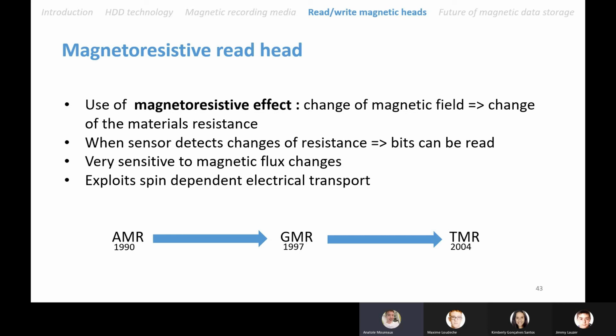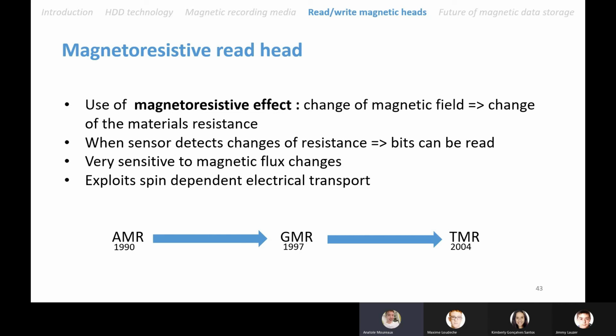Compared to inductive heads, they were much more sensitive to magnetic flux changes since they use spin-dependent electrical transport. Unlike electronics where the electron charge was exploited, AMR heads took interest in the electron's spin.